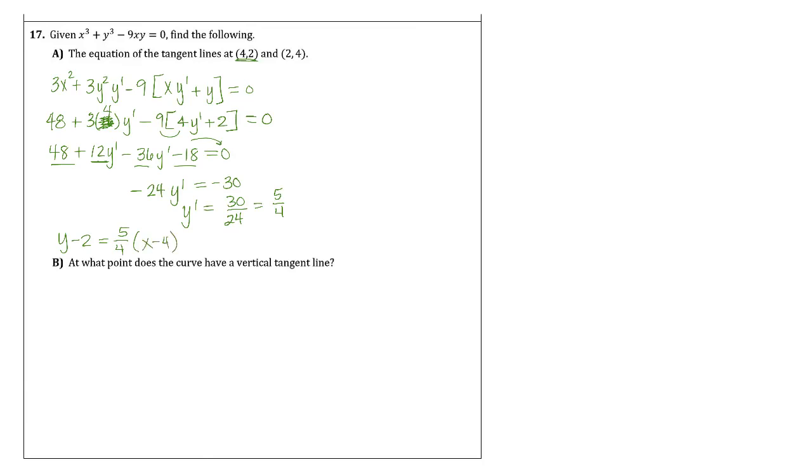All right, so same process again, but now we're going to use the point (2, 4). I wonder if they're going to have anything in common. So again, we're substituting straight into our derivative. So we're going to have 3 times 2 squared, so that's going to be 12, plus 3 times 16 y prime, minus 9 times, and oh, I didn't mention, we are plugging in right here again.